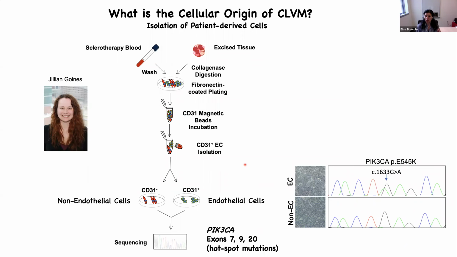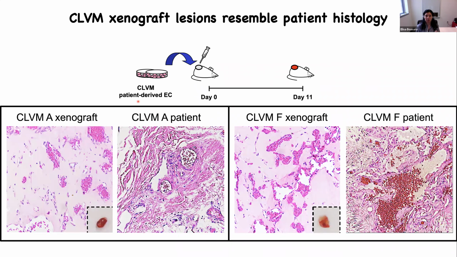First of all, we found that the mutation was exclusively found in the endothelial cell population and was not found in the non-endothelial.